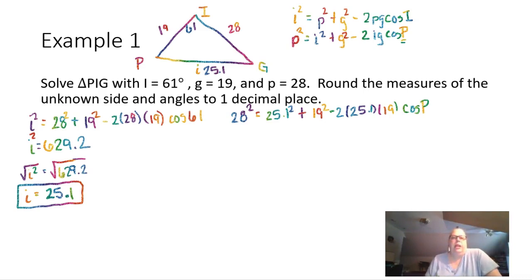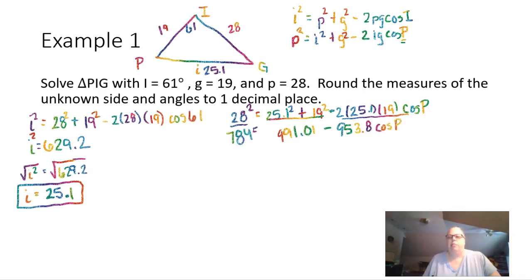Now, like last time, we were able to throw all this in the calculator at one time. It's because we had numerical values for everything. Here we actually don't. So I'm going to figure this part out in the calculator, this part in the calculator, and this part in the calculator. So I'm going to do it in 3 separate parts.